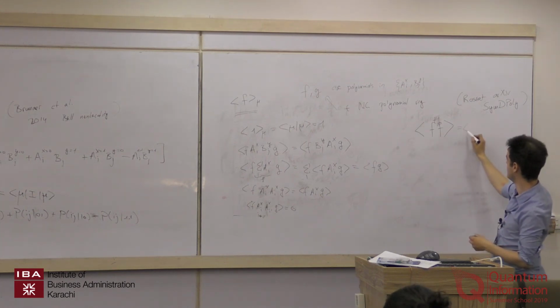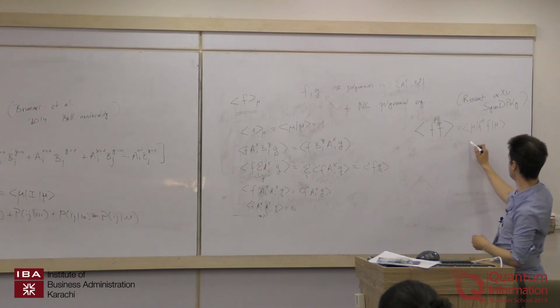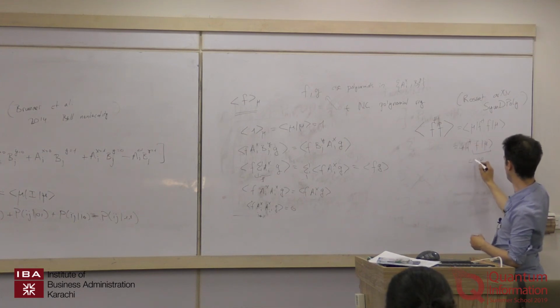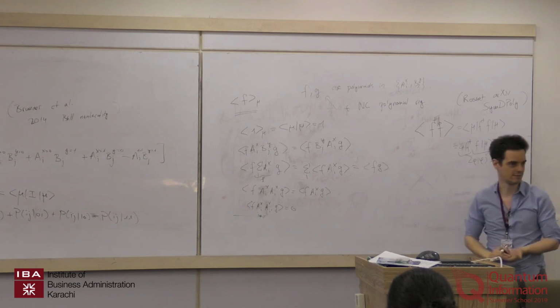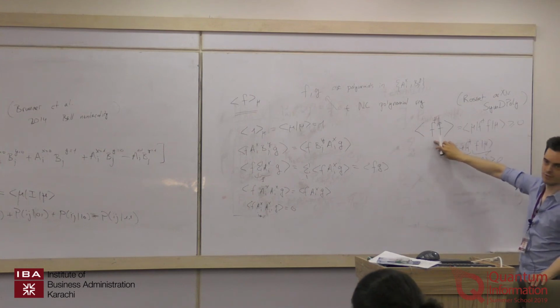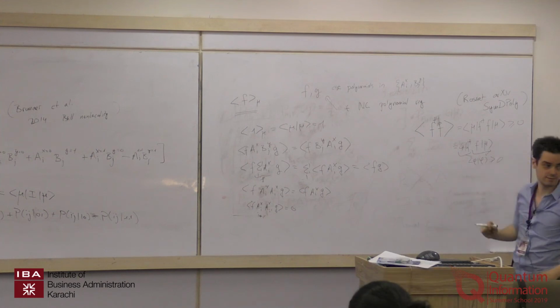So this is equal to the expectation value of mu on f dagger f mu, which is phi, f dagger mu, it's now phi. So that thing is always non-negative. That's the condition I'm going to put. If I multiply something by its adjoint, whatever polynomial it is, the result is going to be non-negative.